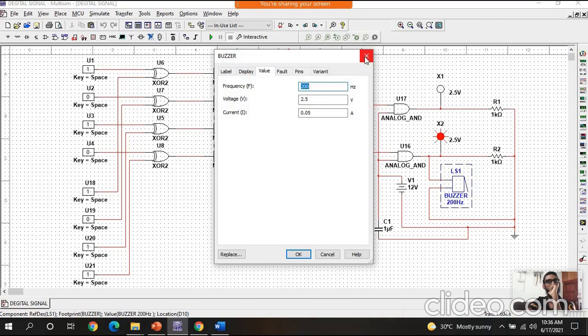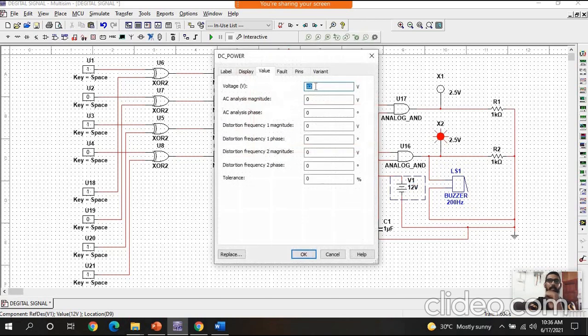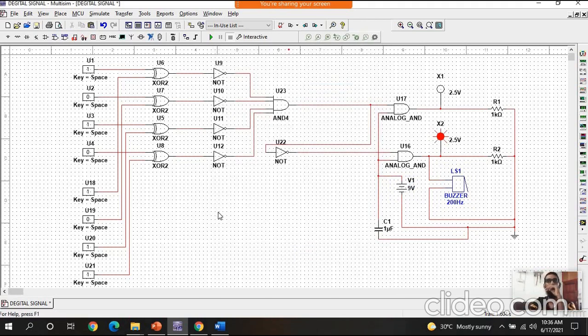Kalau 2.5, berapa sampai 12 volt kat situ? Yang ni mistake, madam. Sepatutnya 9 volt pun boleh, 5 lah.